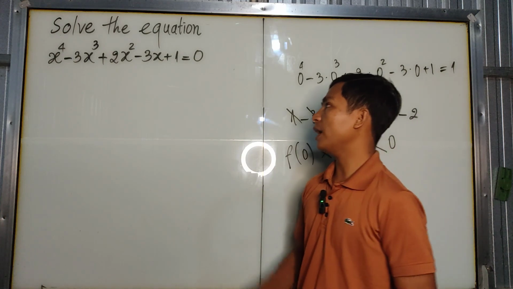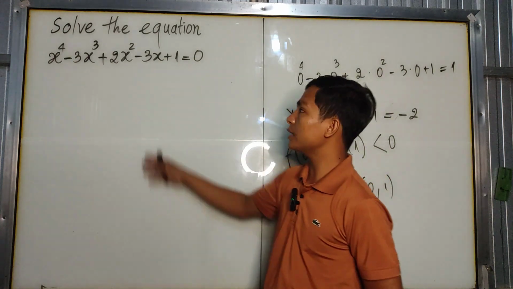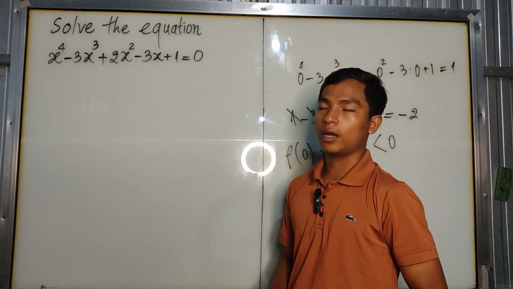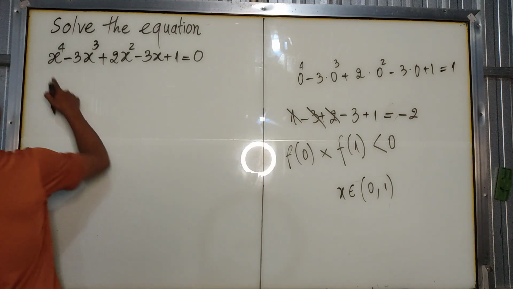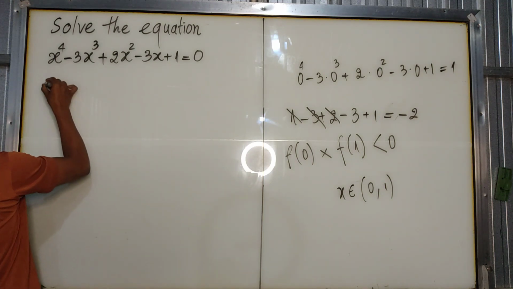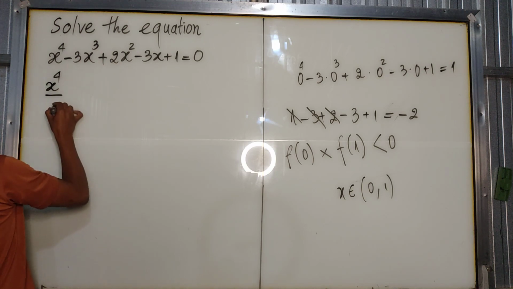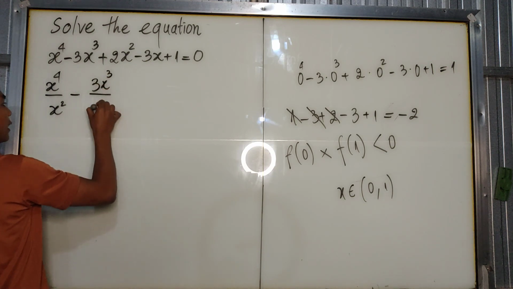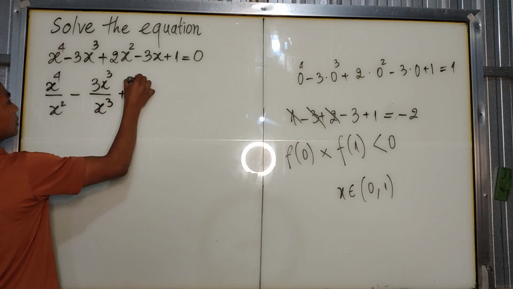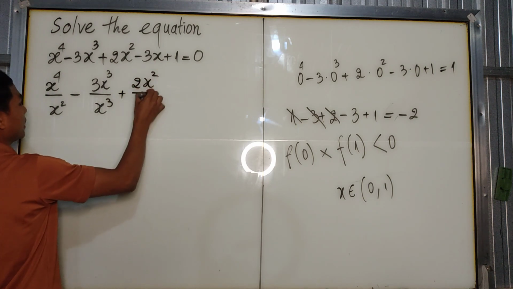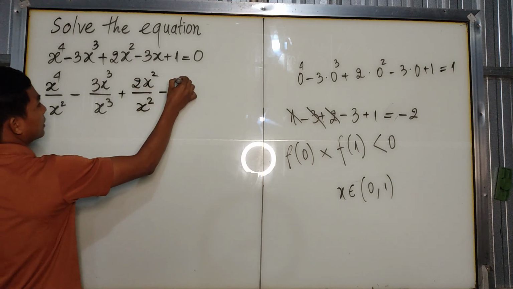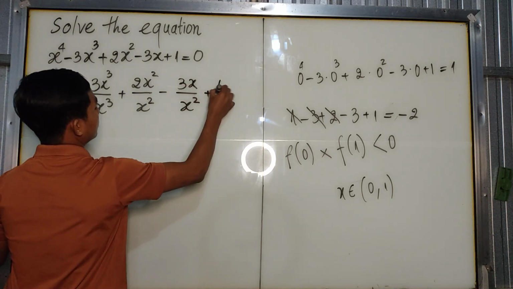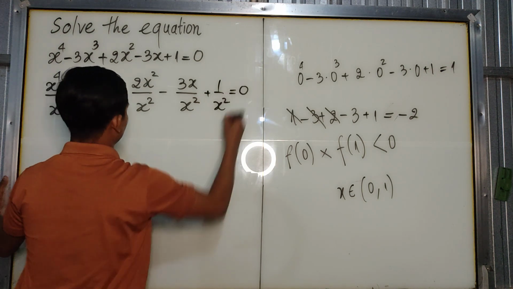Okay, to find the values of x, we must divide both sides of this equation by x squared. So we get x power 4 divided by x squared, minus 3x power 3 divided by x squared, plus 2x squared divided by x squared, minus 3x divided by x squared, and plus 1 divided by x squared equals 0.